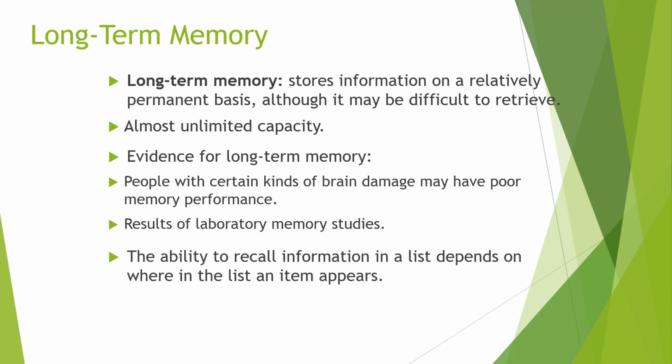We also know that your ability to recall information in a list depends on where in the list that information occurs. So let's say that you're trying to remember items in a list for a vocabulary test. This is what I used to do all the time when I was in high school. I would say the first word and the definition, the first word and the definition, and then I'd move on to the second word and the definition.